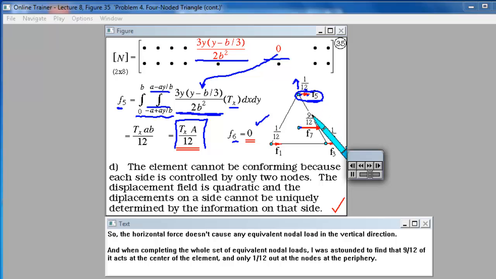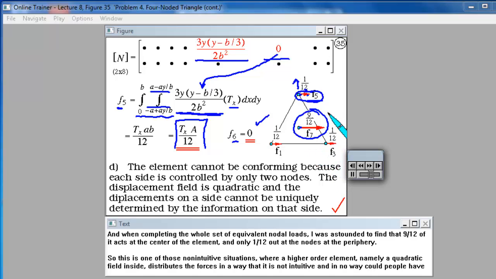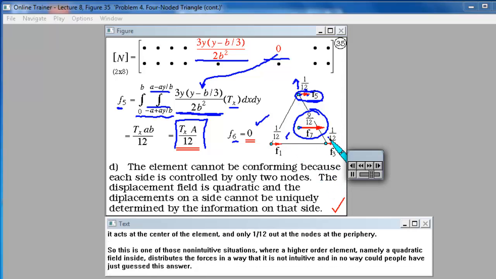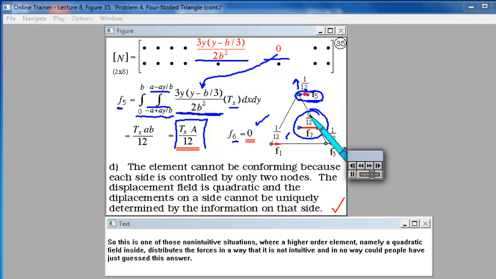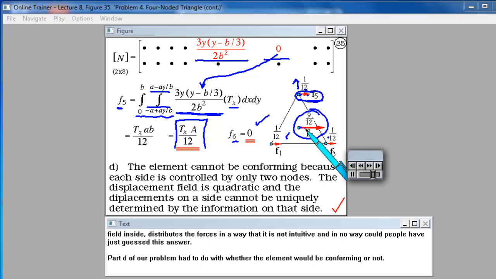And when completing the whole set of equivalent nodal loads, I was astounded to find that 9/12 of it acts at the center of the element, and only 1/12 out at the nodes at the periphery. So this is one of those non-intuitive situations where a higher order element, namely a quadratic field inside, distributes the forces in a way that is not intuitive, and in no way could people have just guessed this answer.